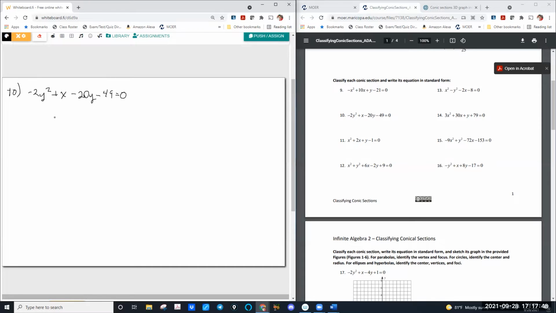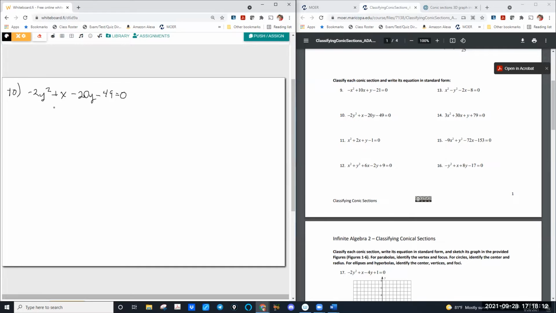Even without going any further, we should be able to identify what type of conic we have. The first thing you look for is how many squared terms you have. We have a y squared, but no x squared. If that happens, then we already know which conic we have.